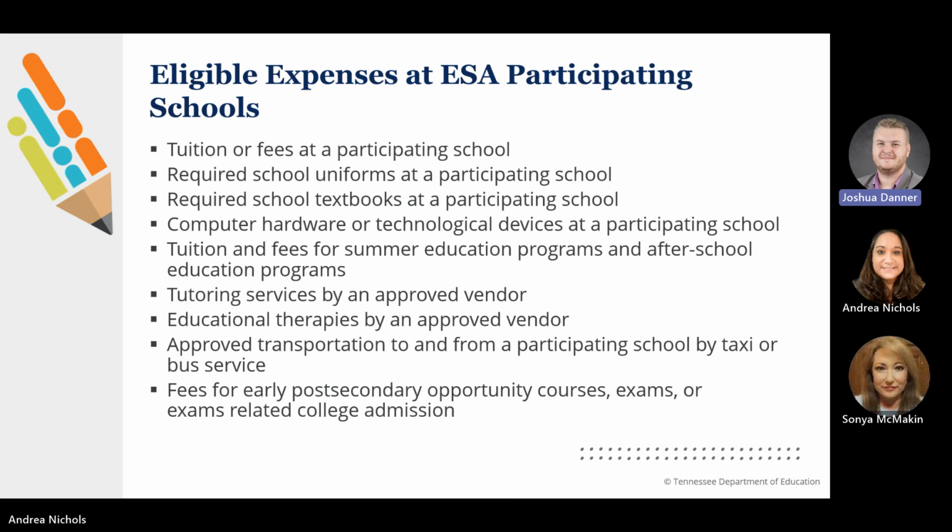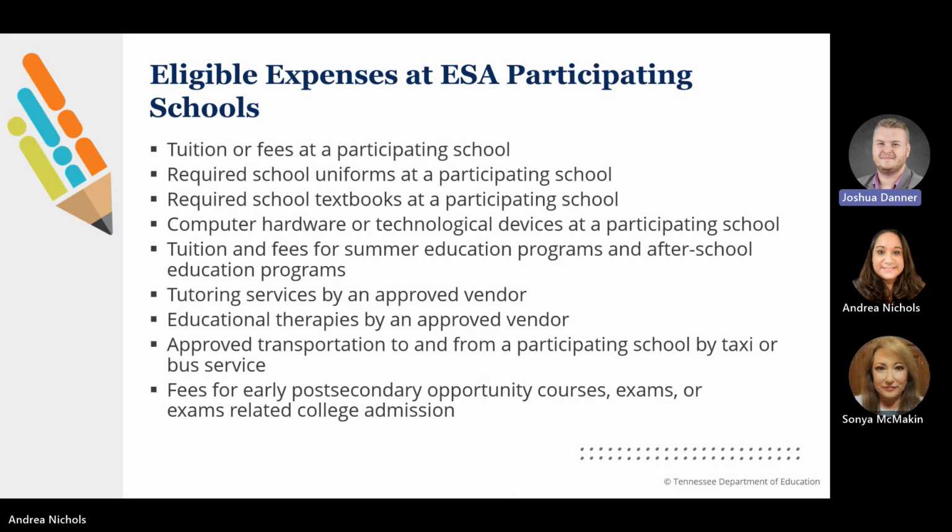ESA funds can be used for the following expenses: tuition, required school uniforms, required school textbooks, computer hardware or technological devices required by the participating school, approved summer educational programs and after-school education, tutoring services, educational therapies or services, approved transportation by a participating school, fees for early post-secondary or after the completion of high school opportunity courses, exams related to college admission, and textbooks required by an eligible post-secondary institution.